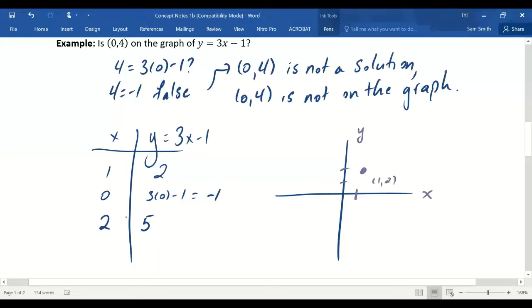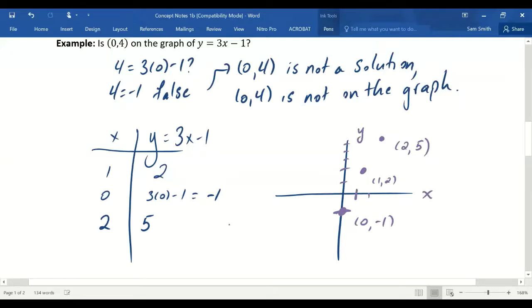This point, where I'm not going to travel any units along the x-axis, I'm going to travel down 1 unit on the y-axis, would be the point 0, -1. This point here, x equals 2, y equals 5, up here somewhere. This is the point 2, 5.